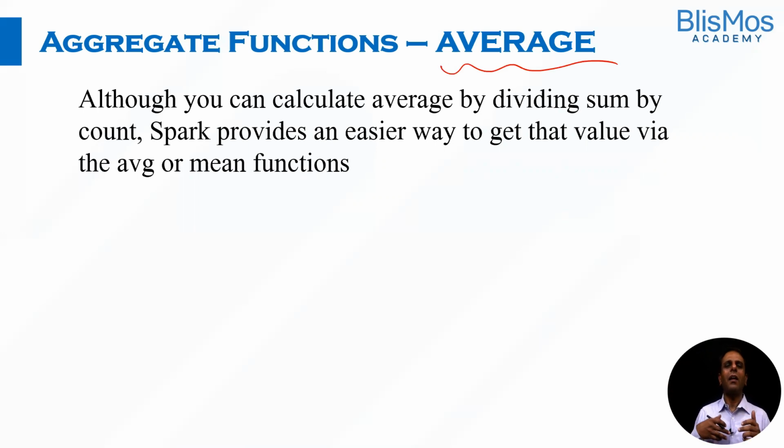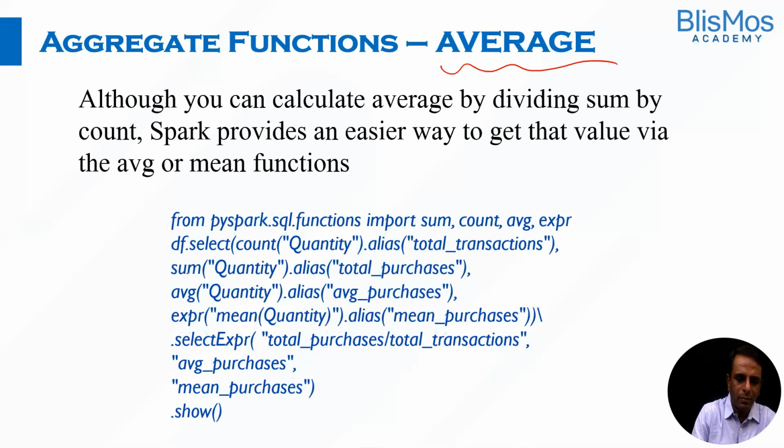There is already a function called average which you can use to get the average of a particular column. How do we use that? Very simple. Here you can go ahead and say average on the column which you want to see. As a part of this example, we are trying to build all the things together. It will be more interesting to see this example as a part of our hands-on class. Thank you.